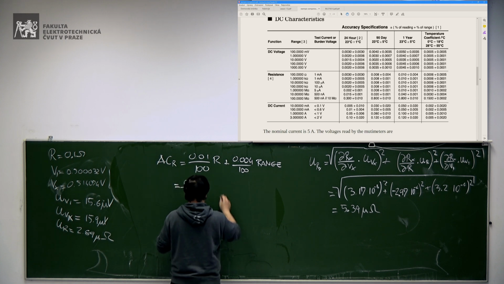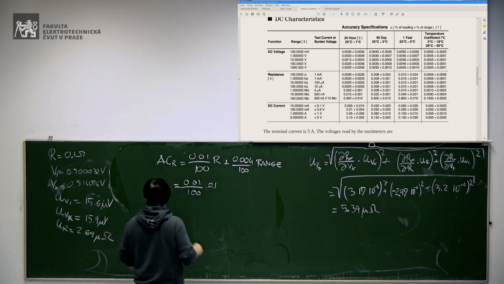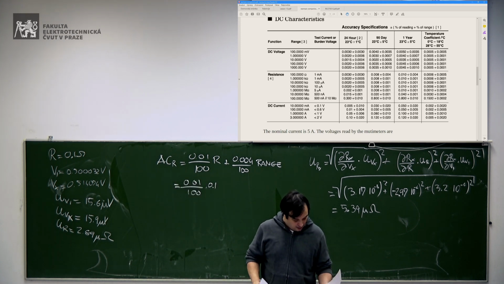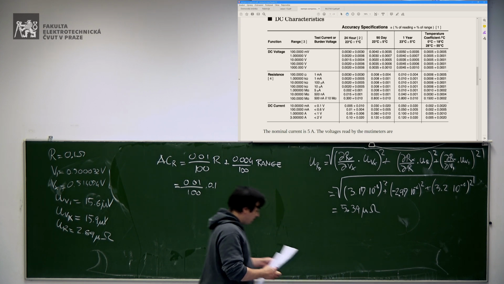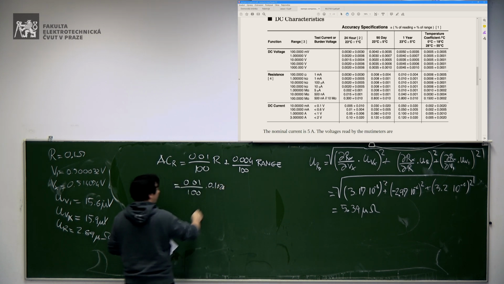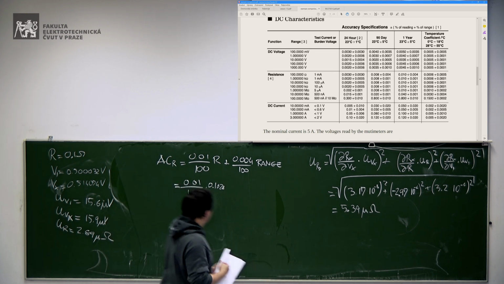The resistance was about 0.02 ohms, something like that, but this is not important, and you will see very quickly why.